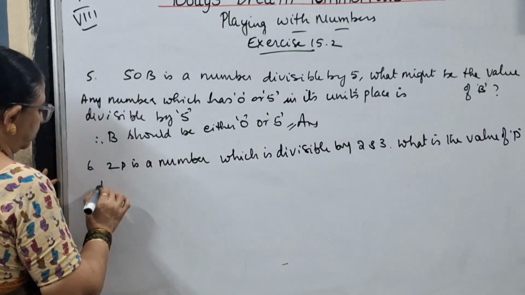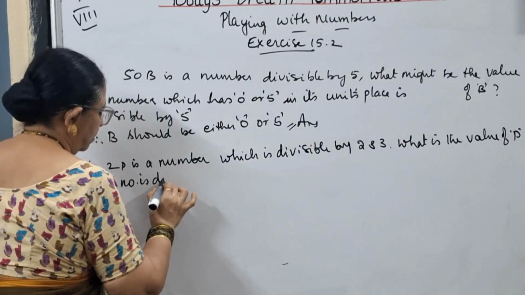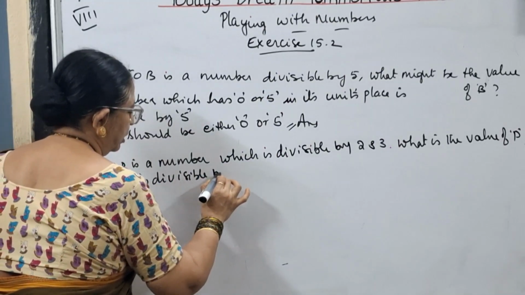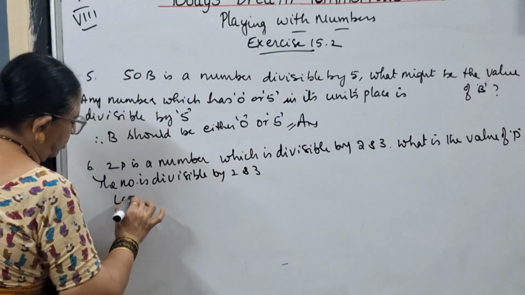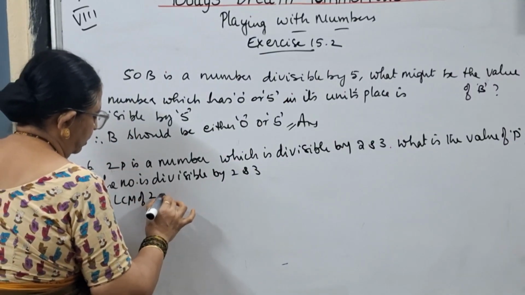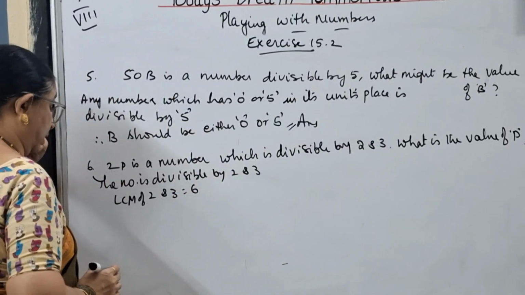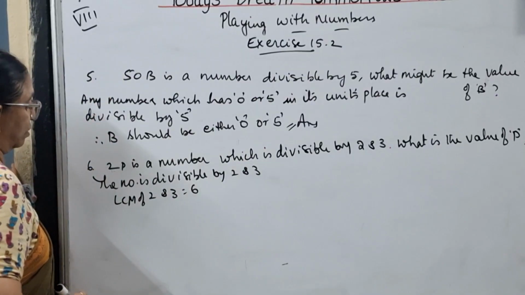The number is divisible by 2 and 3. So what is the LCM of 2 and 3? LCM of 2 and 3 is equal to 6, because they are prime numbers, you can directly multiply to get 6.